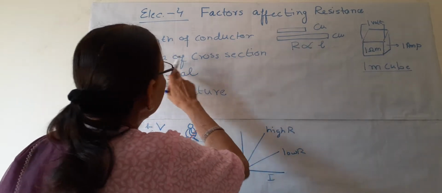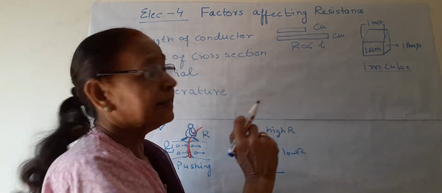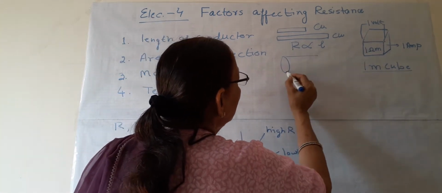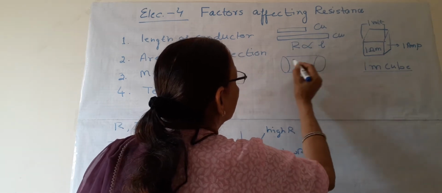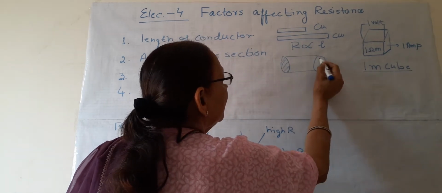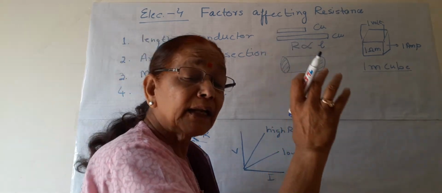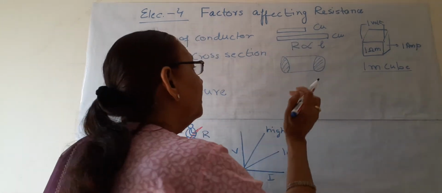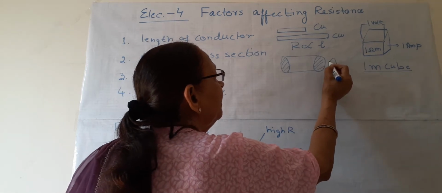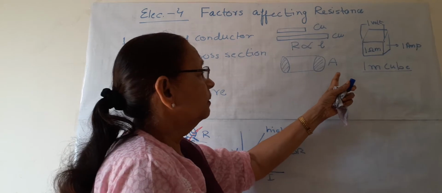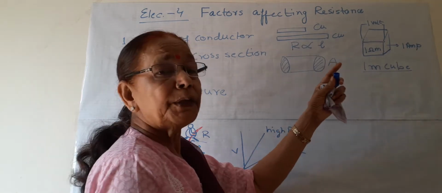The second, area of cross section. What is area of cross section? Suppose this is a wire. Then this will be the area of cross section, that is the thickness of the wire, and it is denoted by A. The unit is meter square.